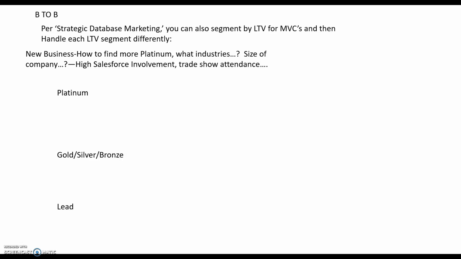Now this gets into the heart of what we're talking about: segmentation by the value of the client. Just as with consumer marketing, we can look at the purchase history and contracts of different clients in B2B. We can find our MVCs.